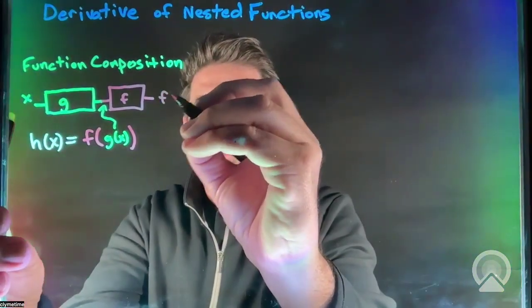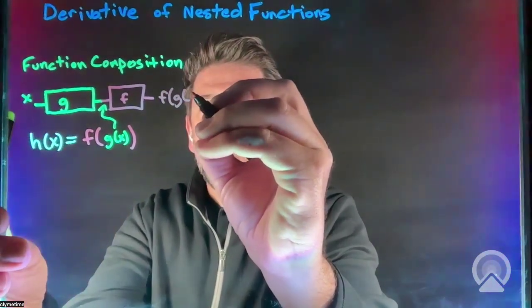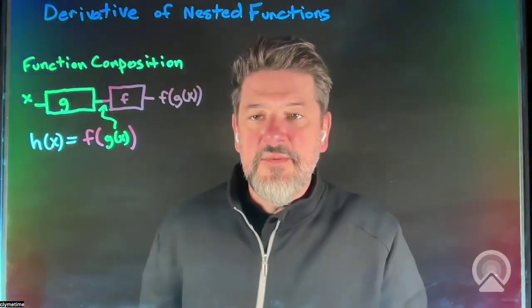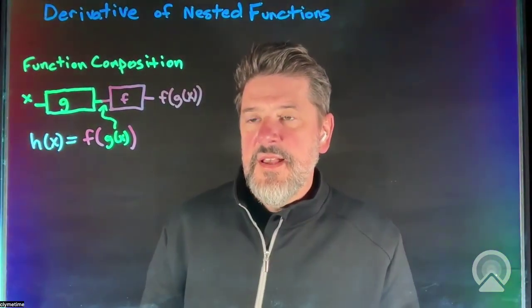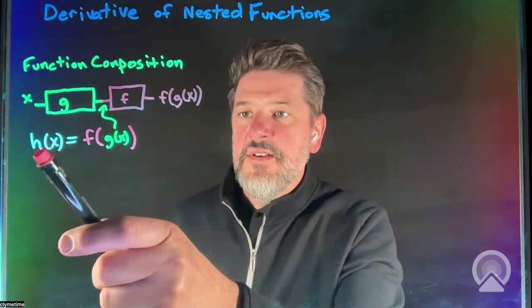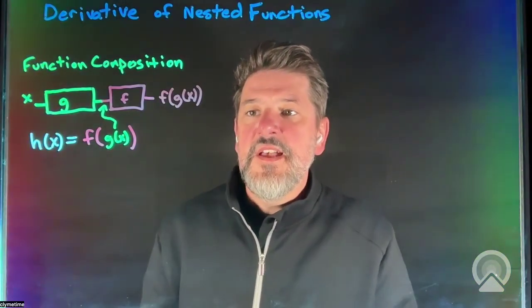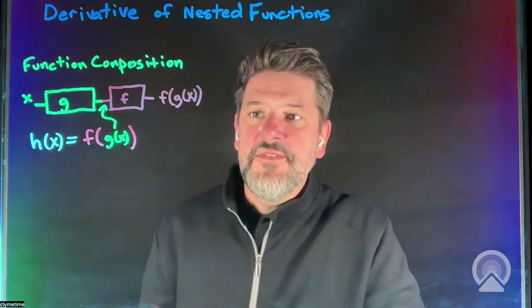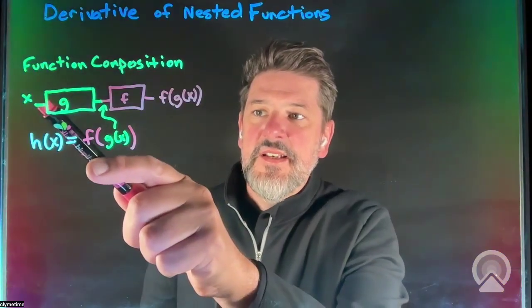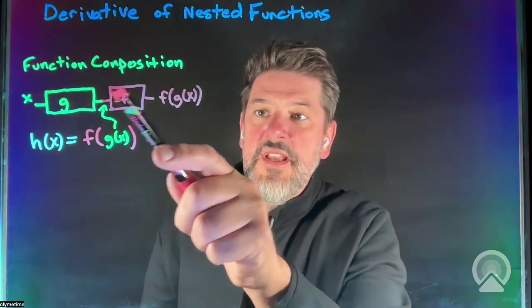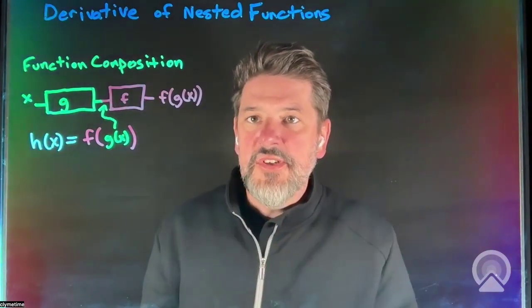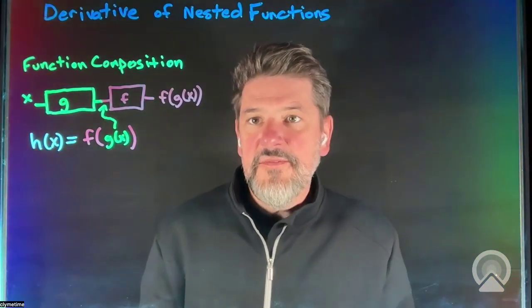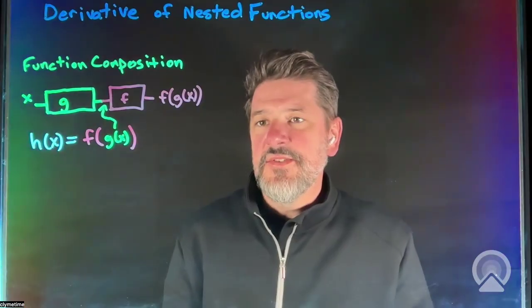So the proper way to say it is f of g of x. And this is a function we're defining as h of x. So h of x is a composition of functions. It takes the output of one function and makes it the input of another function. I like to call it a function within a function because that's what it kind of looks like to me.